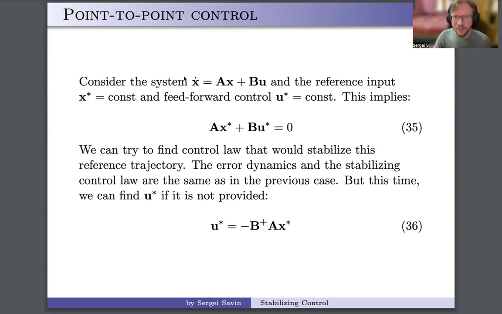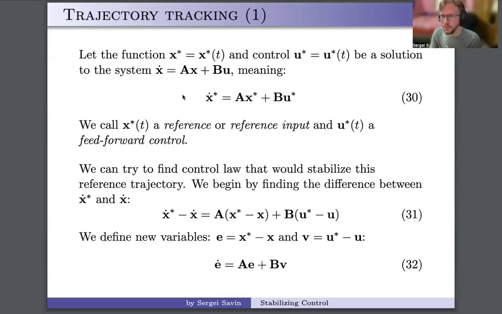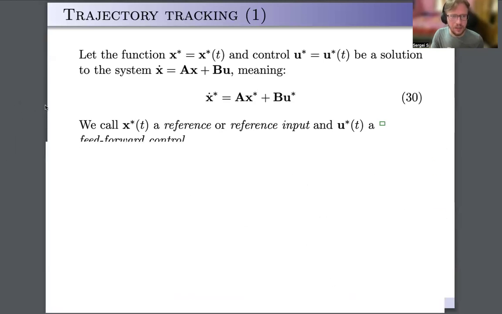Now, what we did here was the trajectory tracking, right? Maybe since we have 10 minutes, let me explain a little bit more about what trajectory tracking looks like visually. Let's say we have our state space, and we have the origin here.